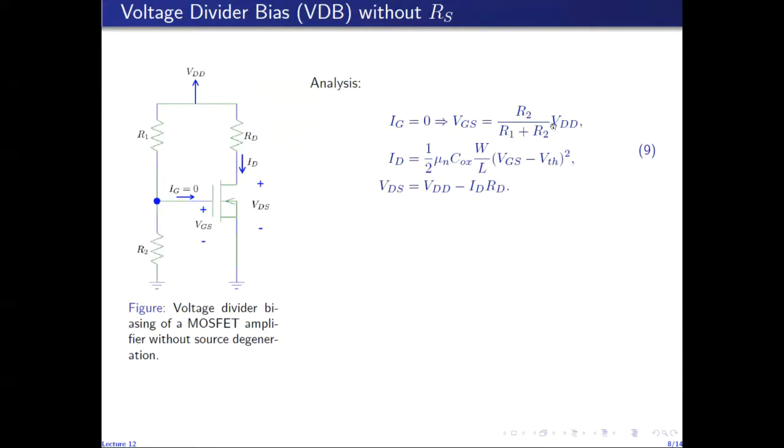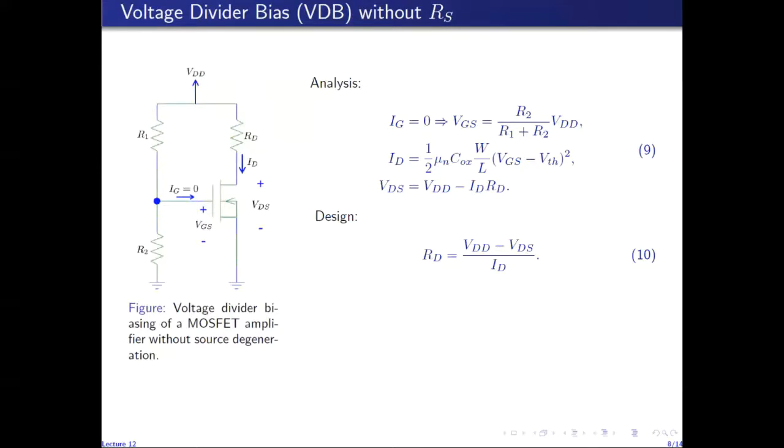So VGS is set by VDD, R1 and R2, and hence it gives us much more control. Because of R1 and R2, we get much better control over VG and VGS. So putting this value of VGS into the expression for saturation current, we can find the drain current. Then we can obtain VDS using this relation. And then I can invert this relation. So given the bias point ID and VDS, I can invert this relation to solve for RD.